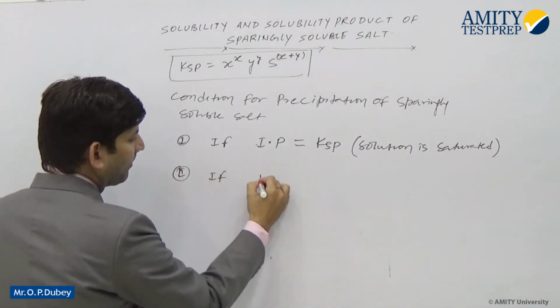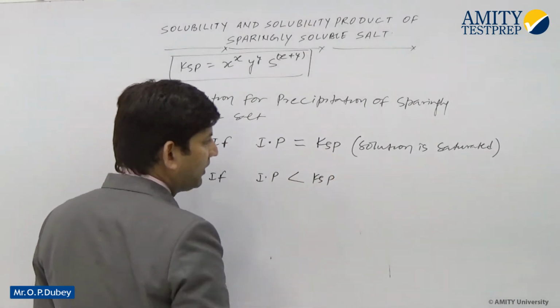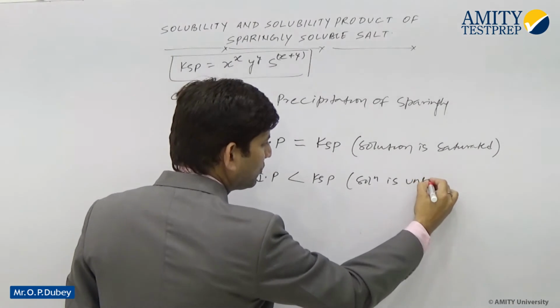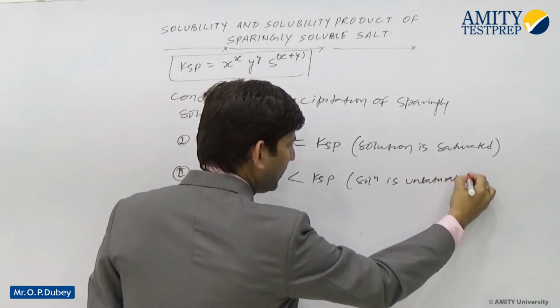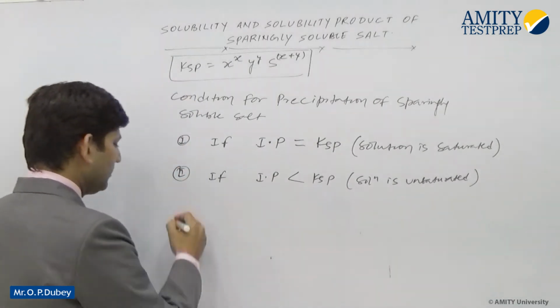If the ionic product is less than the Ksp value, the solution is unsaturated. That means more salt can be dissolved in the solution.